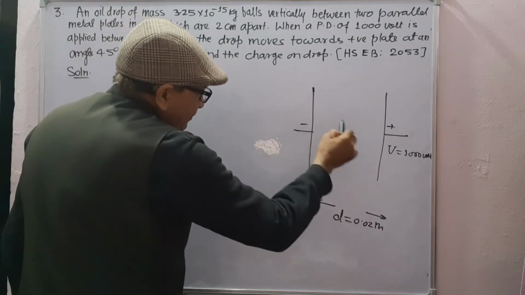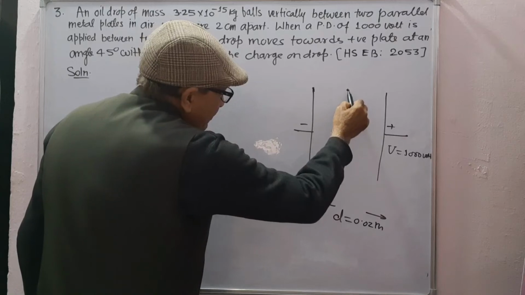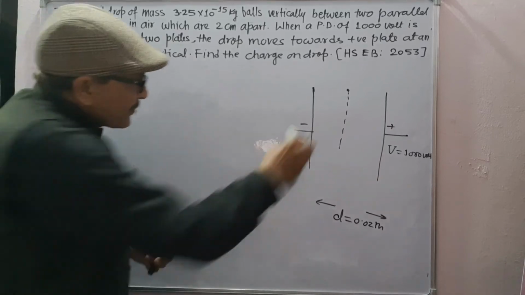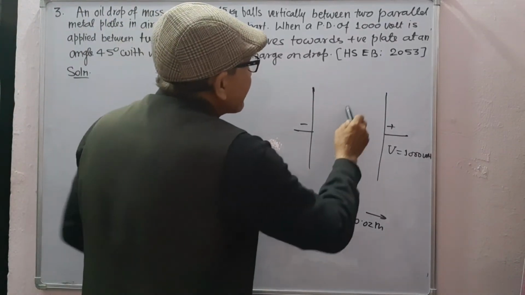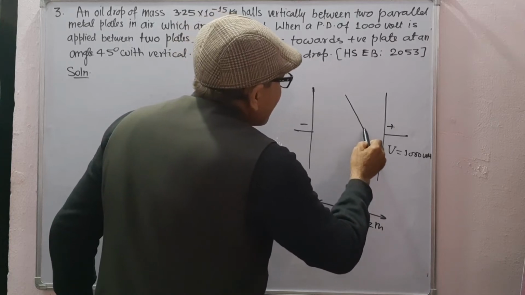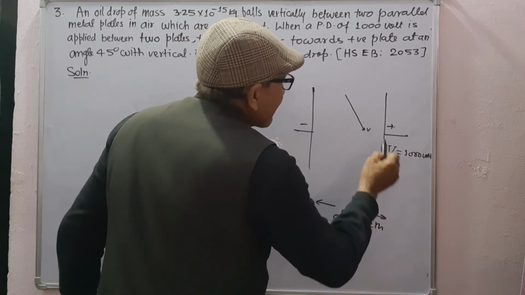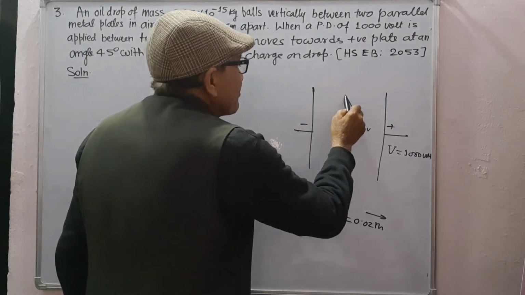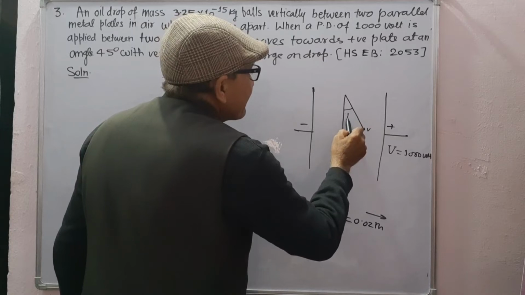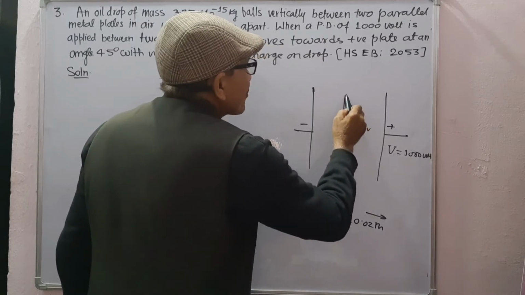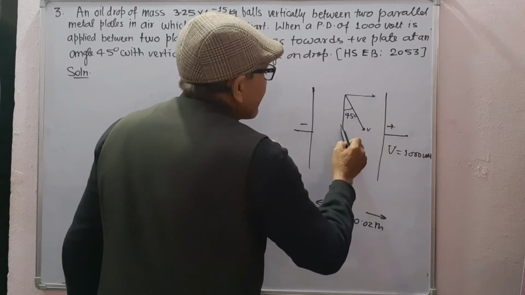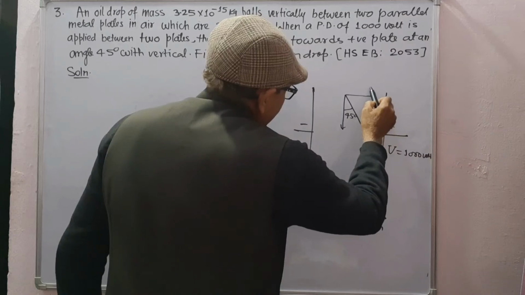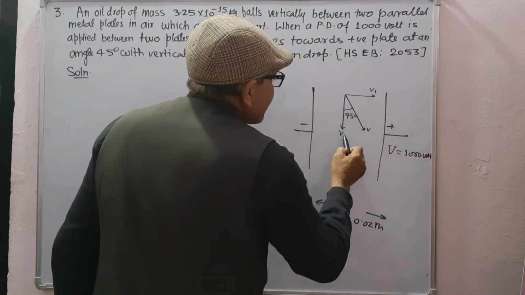In the electric field, the drop moves towards the positive plate. So suppose V is the velocity of the oil drop, which makes angle 45 degree with the vertical. Now its component along horizontal is suppose V1 and along vertical is V2.